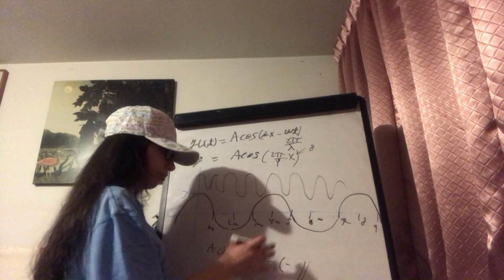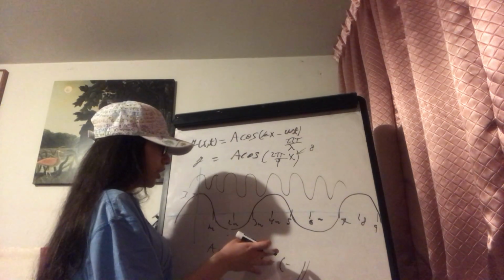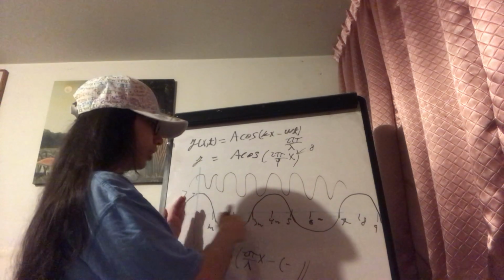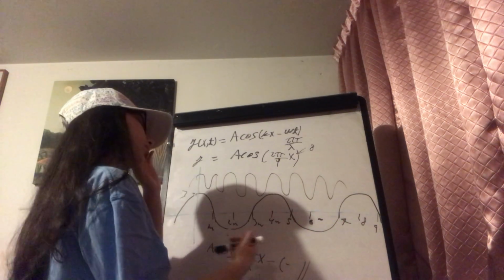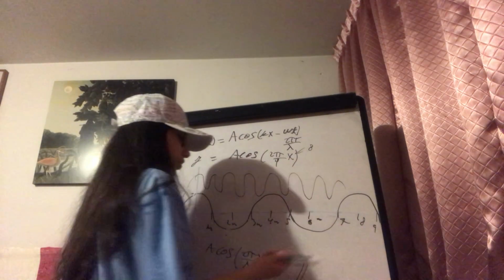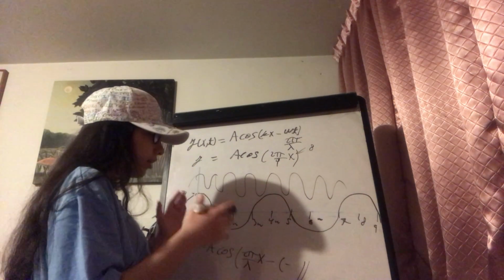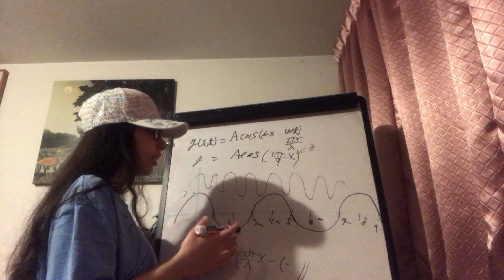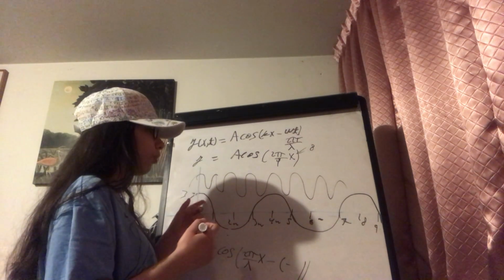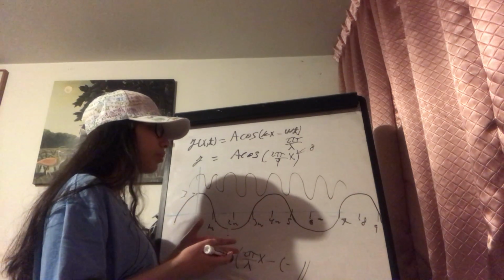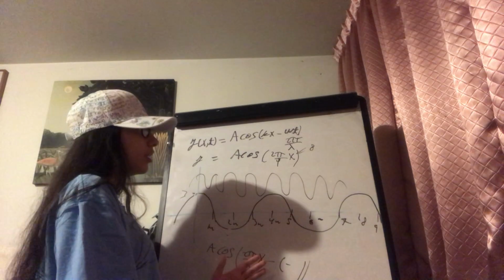So the important issue here is that if I shifted it, here I'm graphing it with time. So here I have time. If I shifted it the time that it takes to complete a wavelength, that is a period, we would have exactly the same shape.